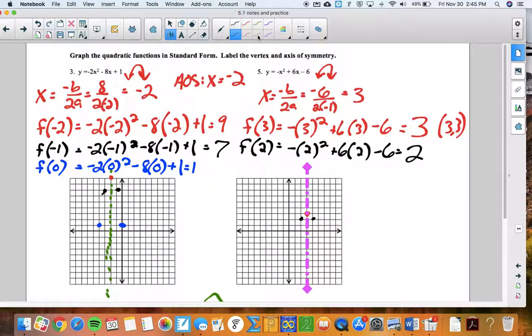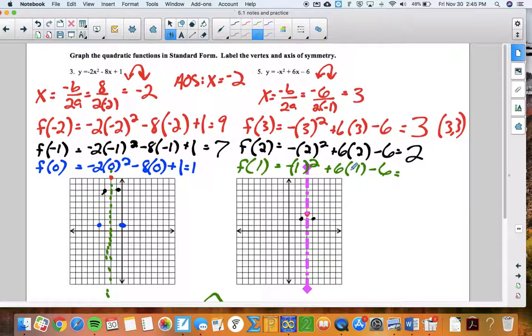All right, let's go one more to the left, because I want to use a smaller number. So negative parentheses 1 squared, plus 6 times 1 minus 6. So 1 squared is 1. Make it a negative 1 with the negative outside now.